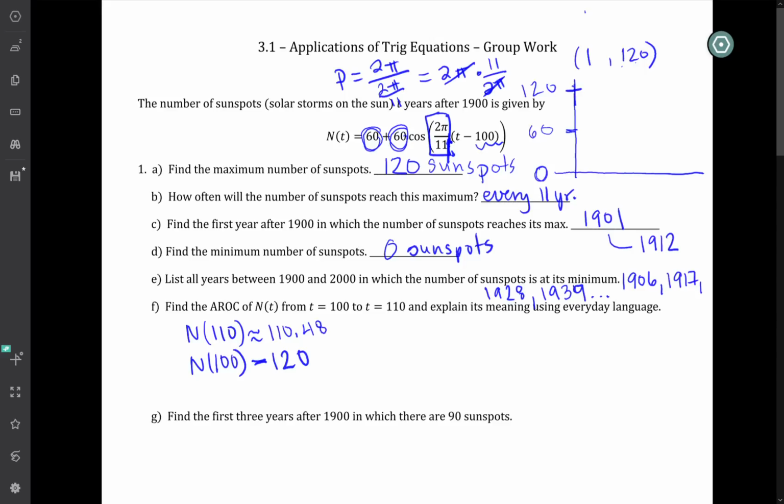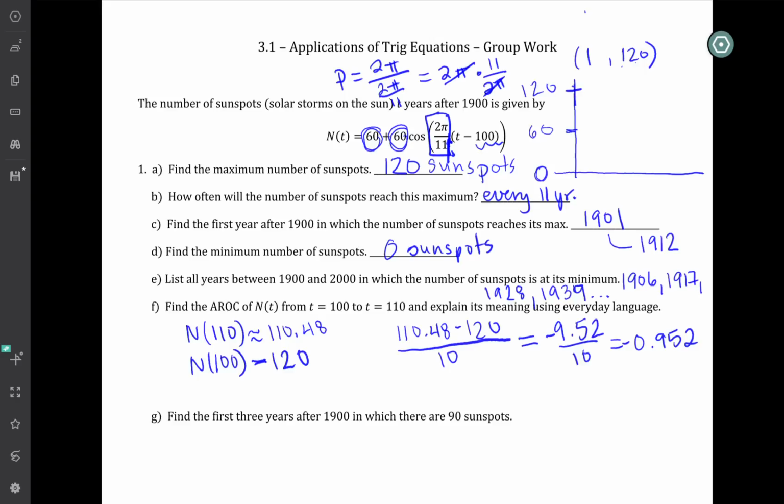So to do the average rate of change, I'm going to take the 110.48 minus 120 divided by 110 minus 100, which is 10. Do I want to do arithmetic in my head? Maybe I do. It doesn't look like it's too terrible. Okay. So I guess the first one was approximate, but this is going to be exact. 9.52 over 10, which is going to give me 0.952. Oh, and it's negative, sorry. Arithmetic in my head made me not careful with my signs.